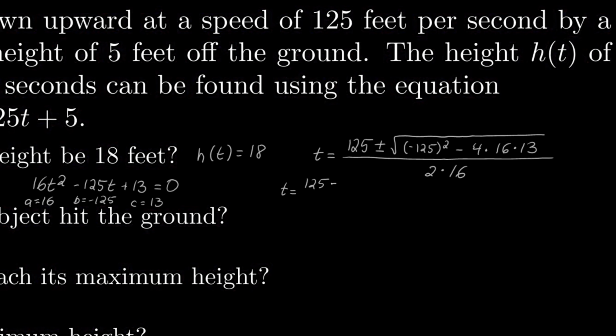The number under the square root turns out to be 14,793. 2 times 16 is obviously 32.